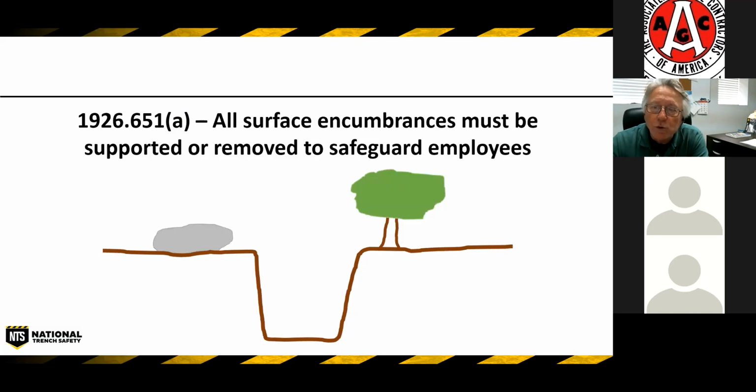Now, in the Federal Register, we get some clarification on what these surface encumbrances are. They specifically give examples of trees or boulders that might become unstable and might collapse into the excavation due to our trenching. And so we have to support or remove any surface encumbrance like this.